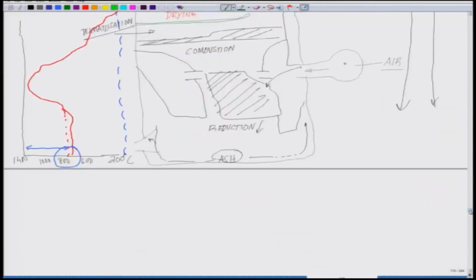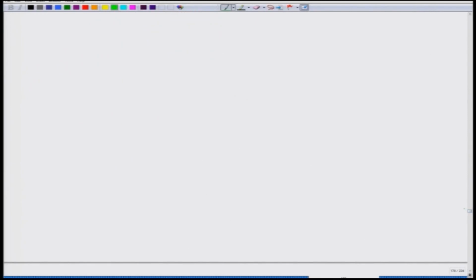So, now coming back, the first characteristic about it is that in the downdrift gasifier, the gas which is coming out is at a higher temperature. What is the second salient point about this?